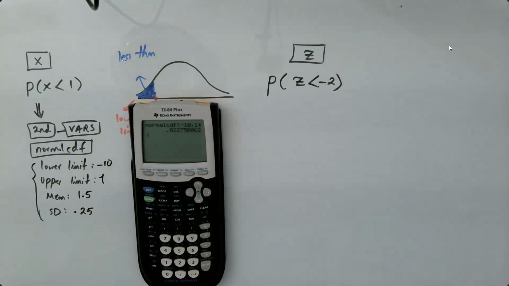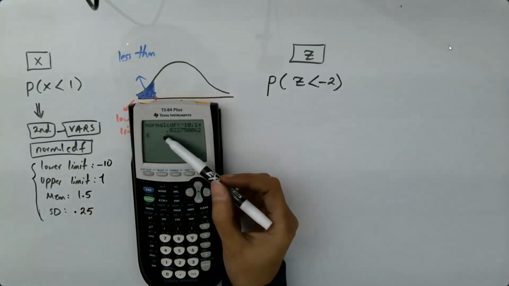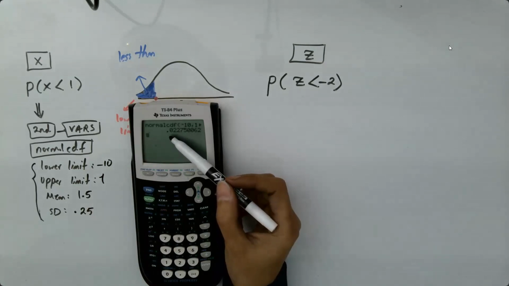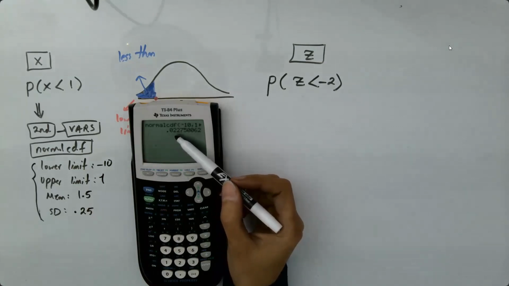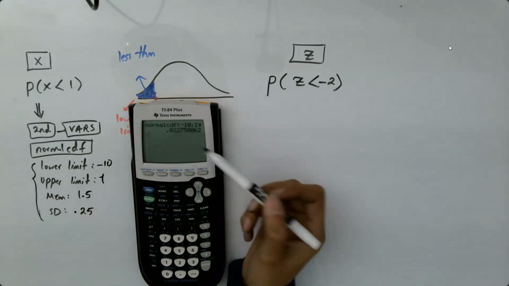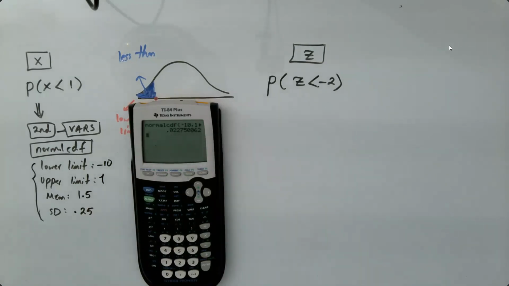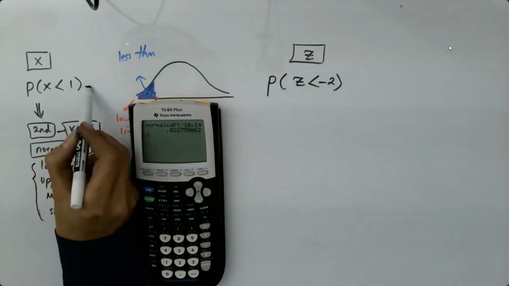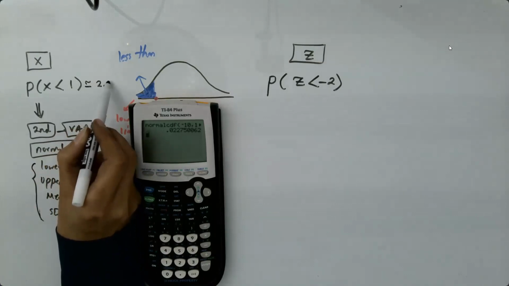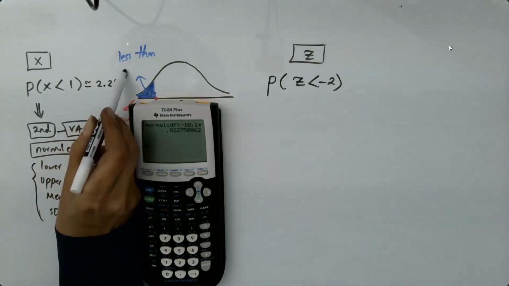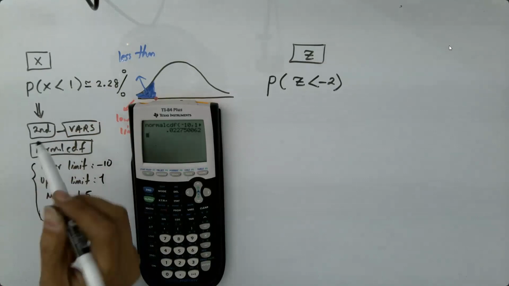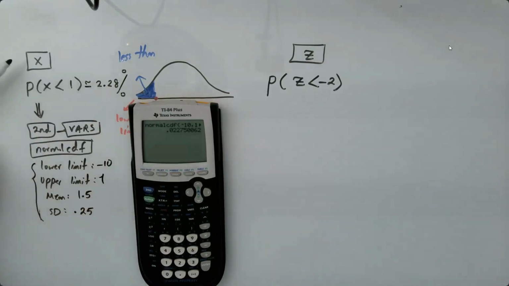Okay, guys, the probability is 0.0228, if you want to round it this way, or you can just say that is 2.28%. So this probability is approximately 2.28%. Again, using X, calculating the probability.